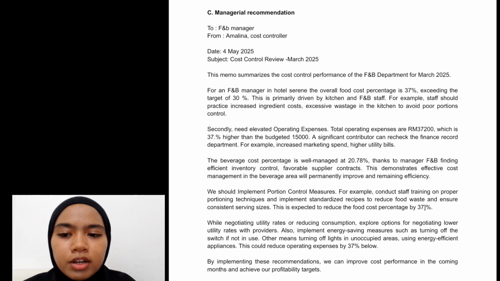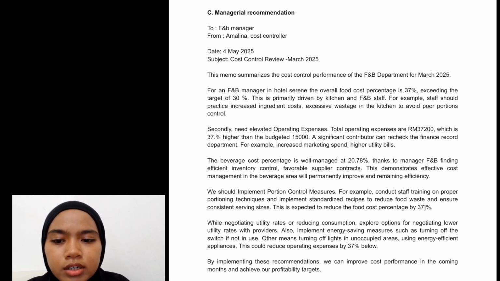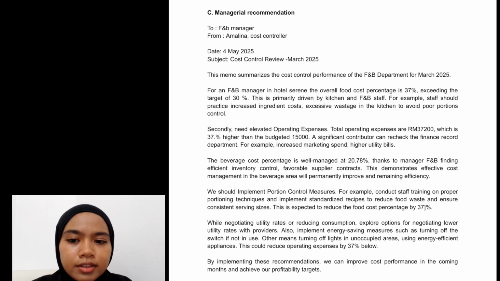Secondly, we need to evaluate operating expenses. Total operating expenses is 37,200, which is higher than the budget of 50,000. A significant contribution can be seen in the department, for example, increased marketing spend and higher utility bills.